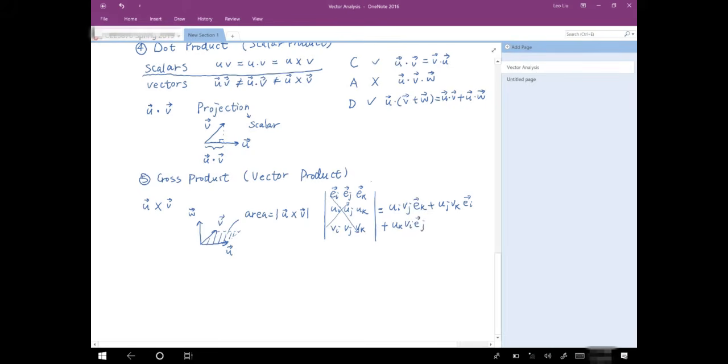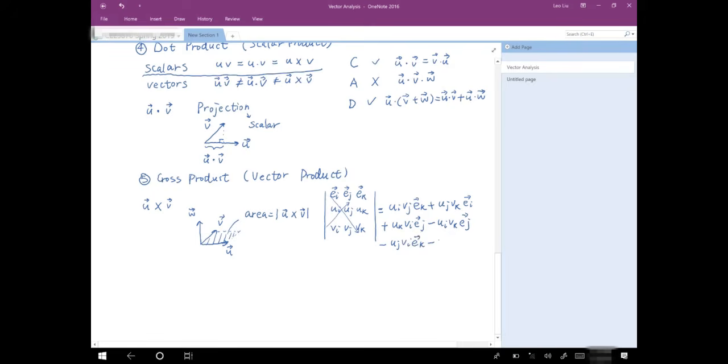So then we need to go along the other direction. It's going to be minus. So it's going to be UI, VK, EJ. Then minus UJ, VK, sorry, apologize, UJ, VI, EK.